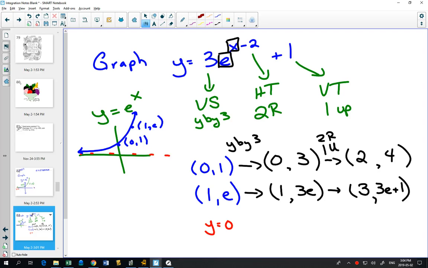Yippee. And as a result, what's the only thing that's going to affect your horizontal asymptote? If it moves up or down, and since it moved 1 up, your asymptote is now at y equals 1. So we can graph this with our new points.